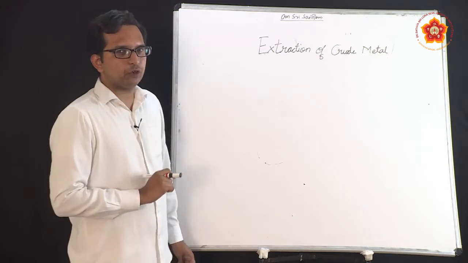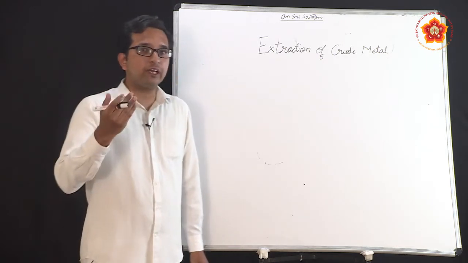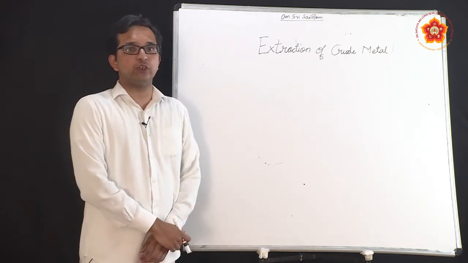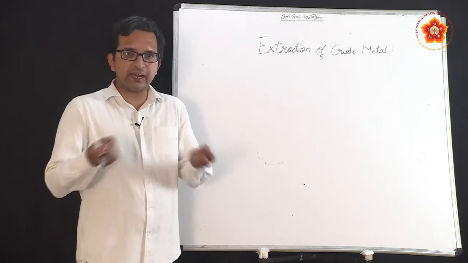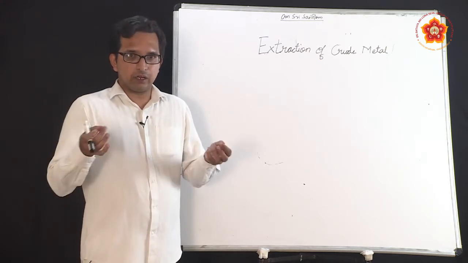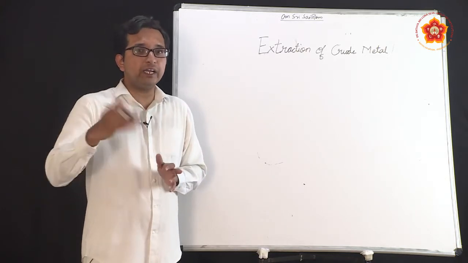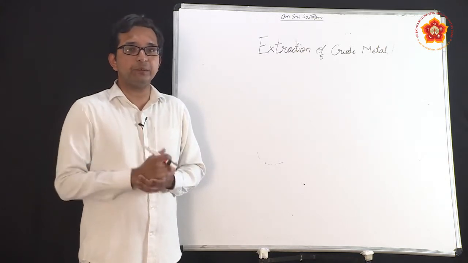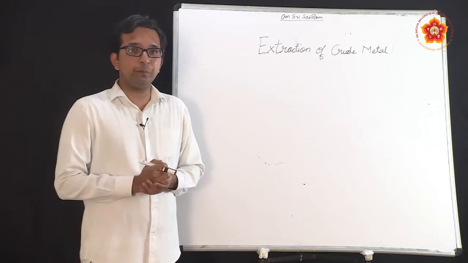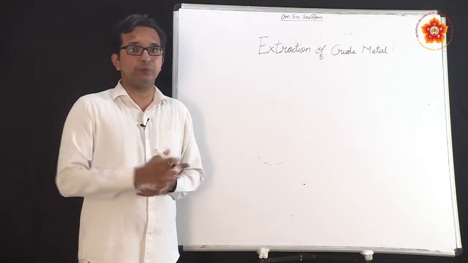This I can explain with the example of silicon and germanium metals, which are used in electrical as well as other systems where they need a purity of around 99%, 99.9%, 99.99%.